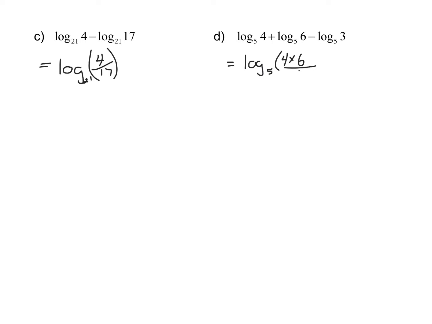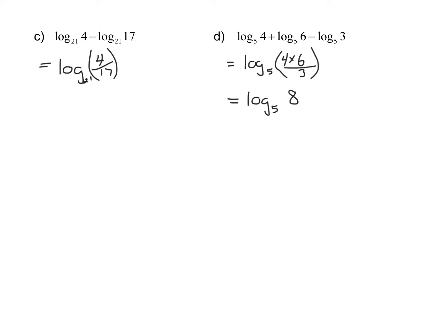We're going to divide by 3 because of the subtraction, since all were base 5. And of course, if I do a little bit of arithmetic there, 4 times 6 is 24 divided by 3, I do believe gives us 8. So these 3 logarithms actually simplify to the logarithm of 8 base 5.